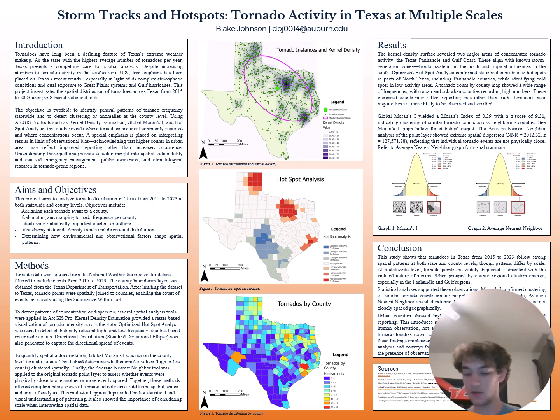To wrap everything up, we see a lot of tornadoes in cities, and that's more due to reporting. Obviously more people live in these suburban and urban areas, and they're more likely to report when they see a tornado. Whereas if you have one out here, nobody really lives there.